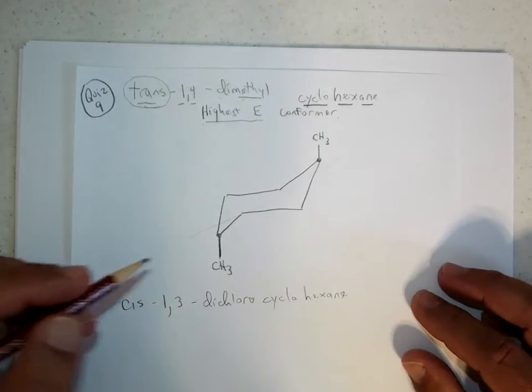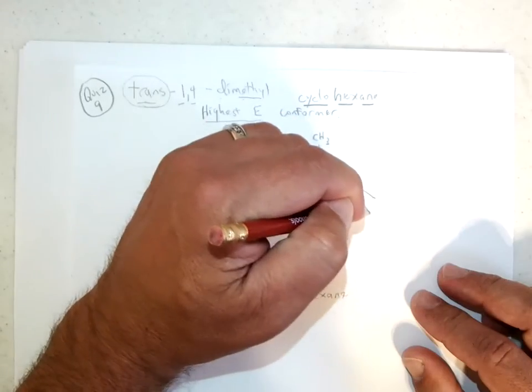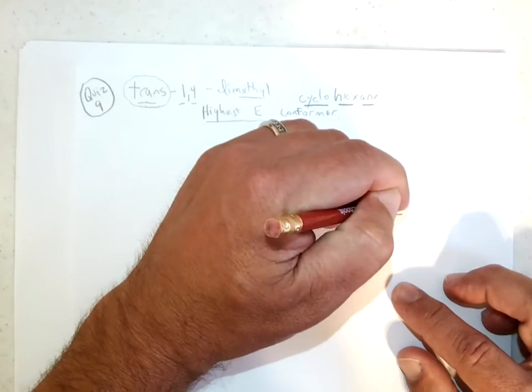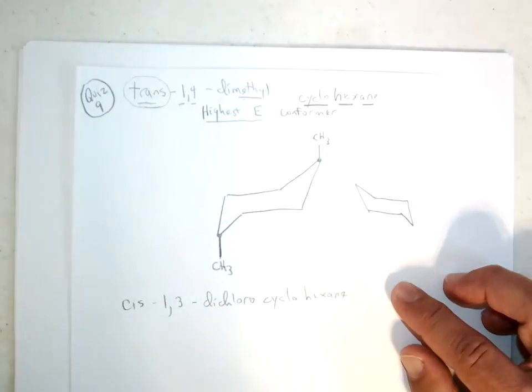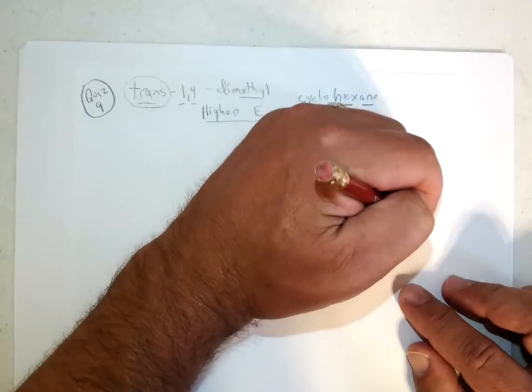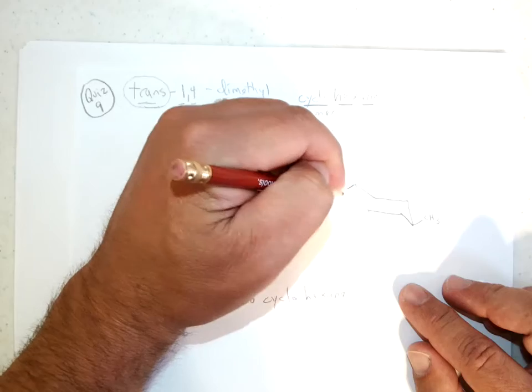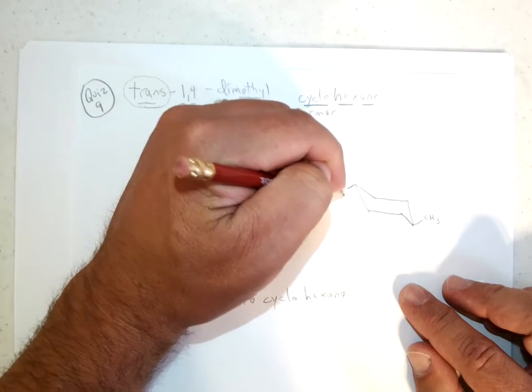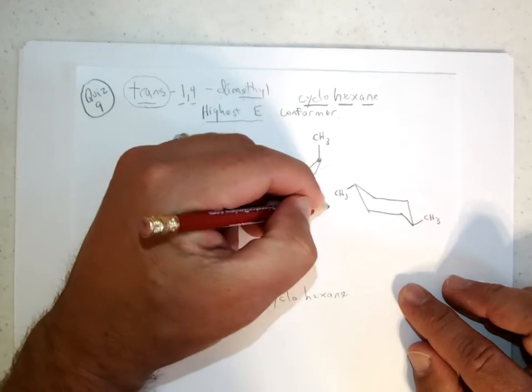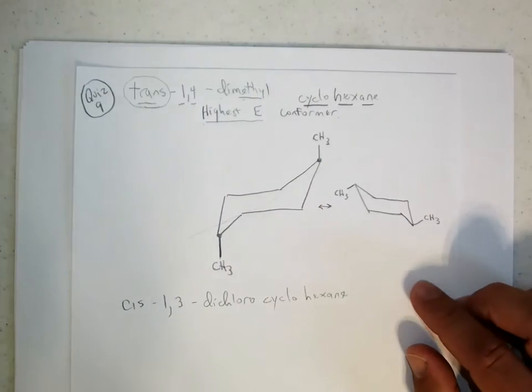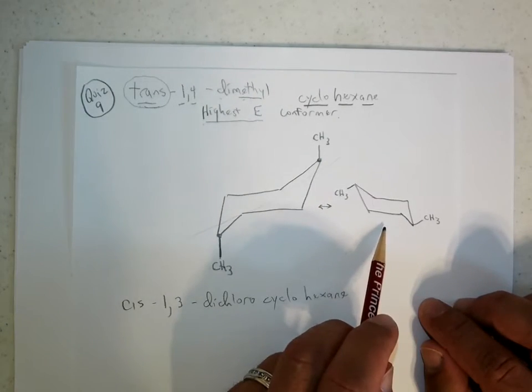The lower energy conformer would be found with the chair-boat-chair interconversion, where the axial positions become equatorial and the equatorial positions become axial. So if we did this interconversion, we would find the lower energy conformer.